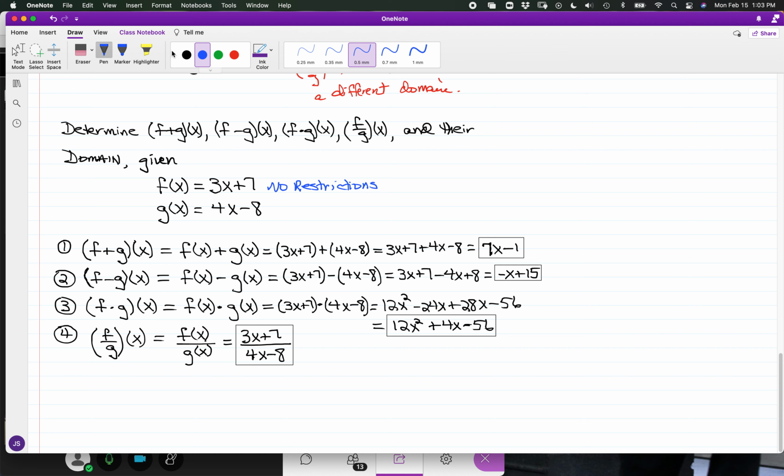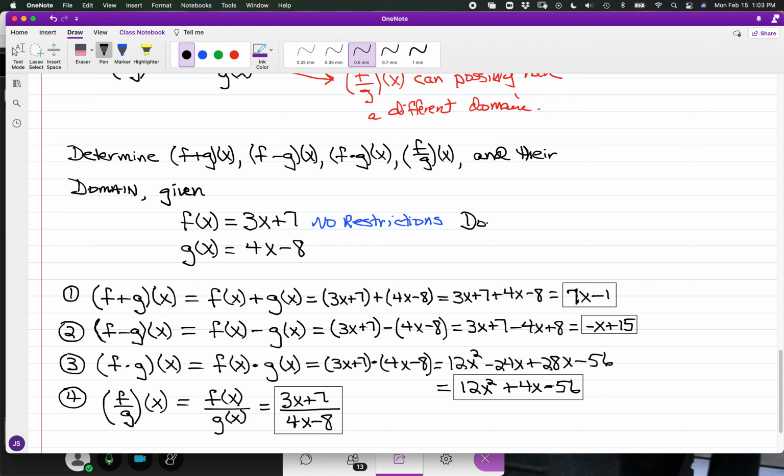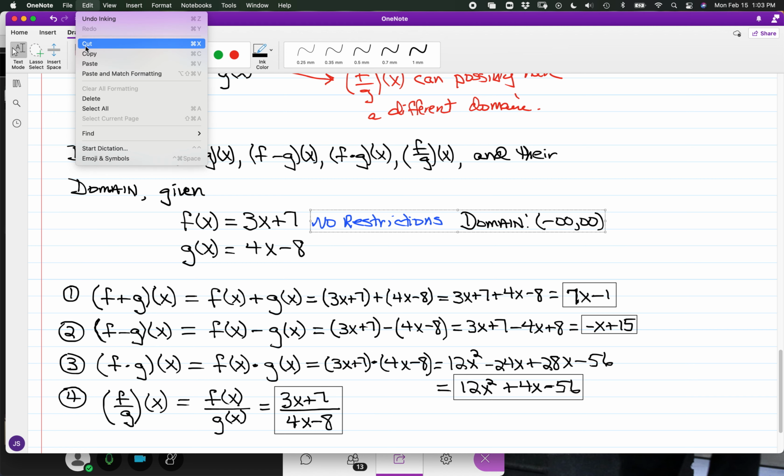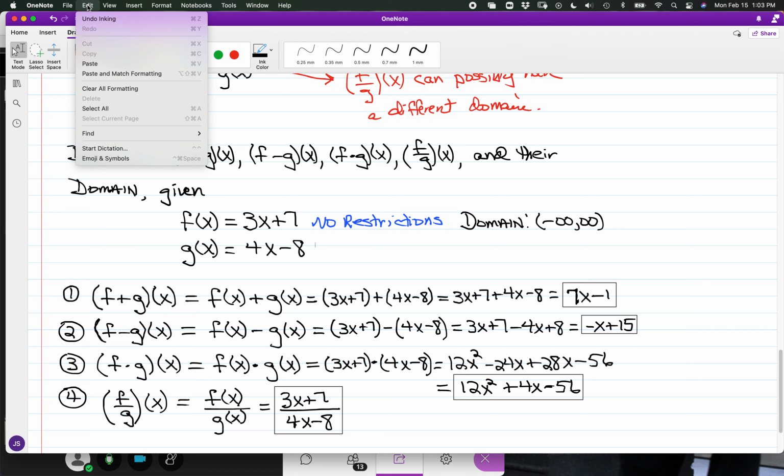So for f of x, because that single function has no restrictions, the domain is going to be the set of all real numbers. Again, g of x, you have no restrictions, and the domain is also going to be the set of all real numbers.